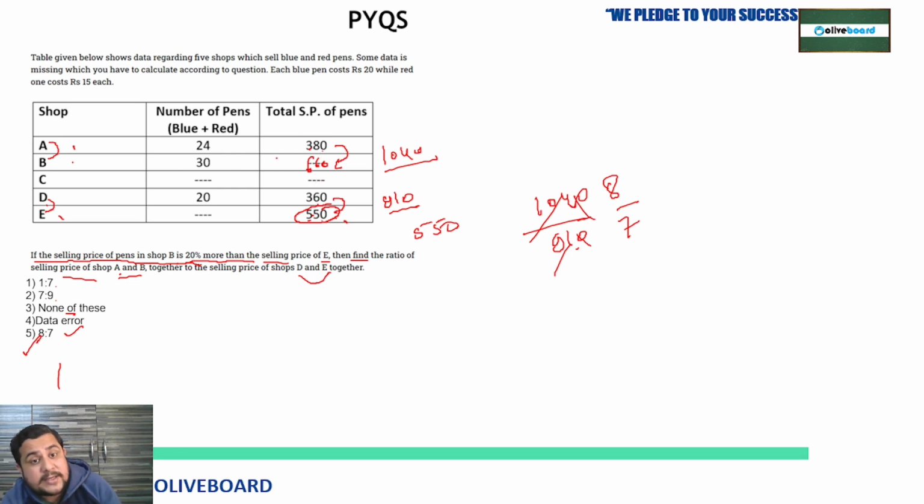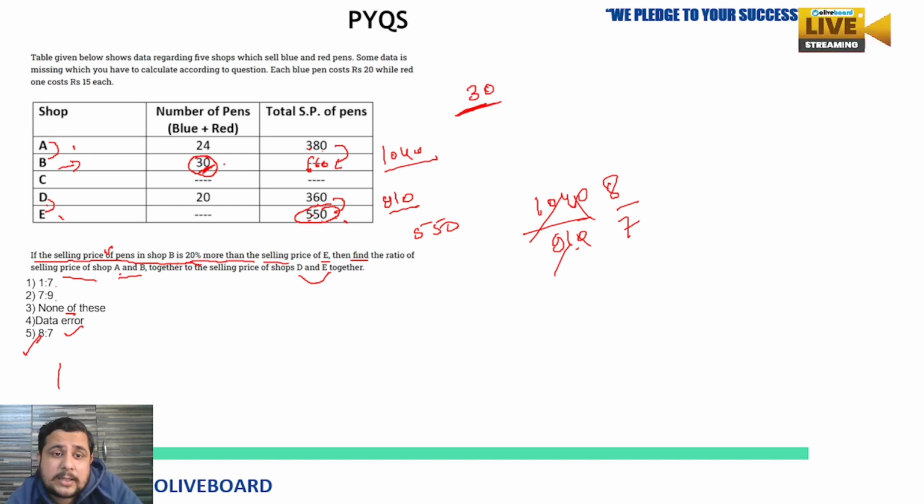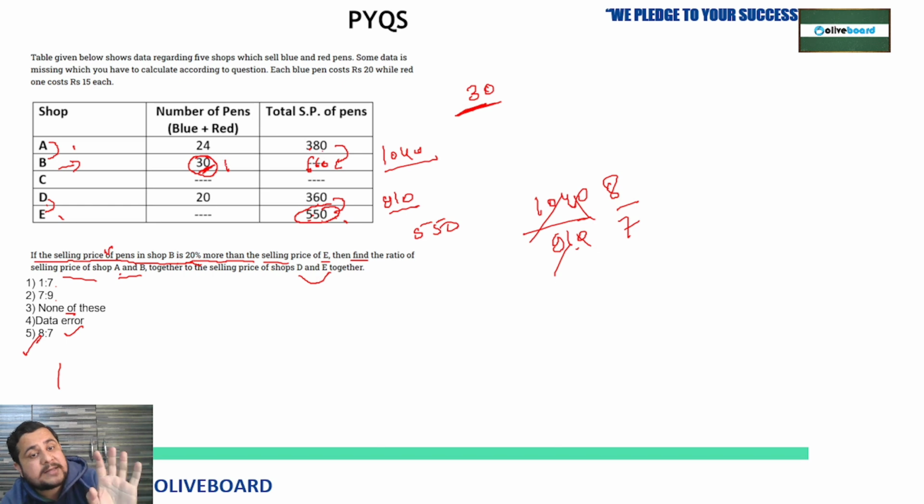Why am I saying this? You have followed all the things which are given in the condition, but this data can be wrong. Why? Because see, 30 is the total number of pens in shop B. If I take these 30 pens and assume the maximum price of each pen is 20 rupees, meaning all pens are blue here, then 30 into 20 gives a maximum selling price of 600.